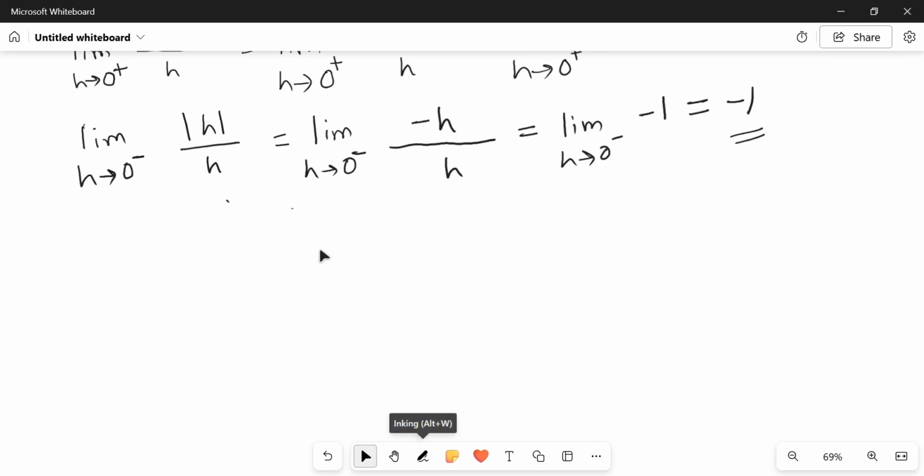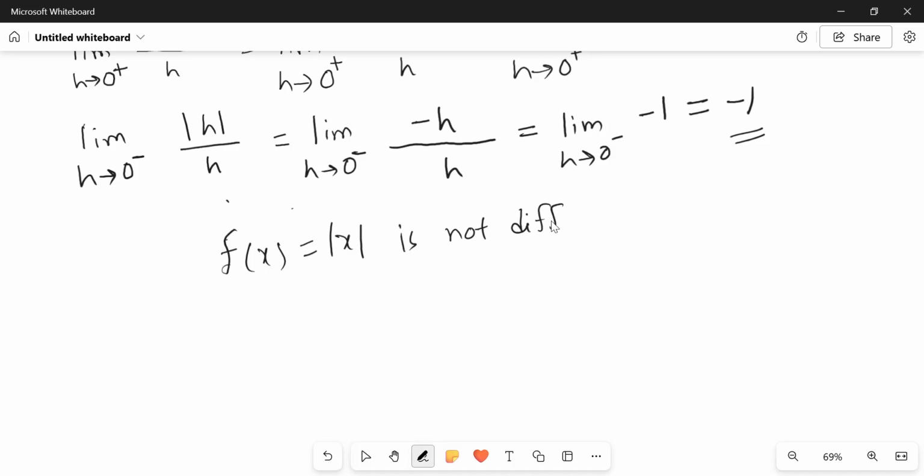So we write this: the function f of x equal to absolute value of x is not differentiable at x equal to 0, but it is differentiable at other points; only at x equal to 0 it is not differentiable.